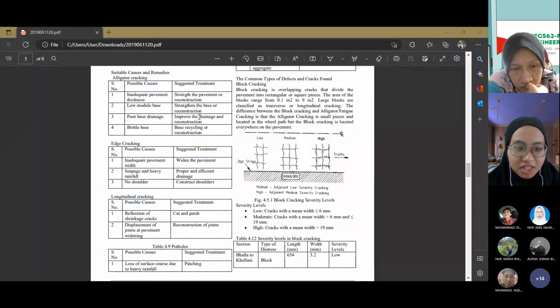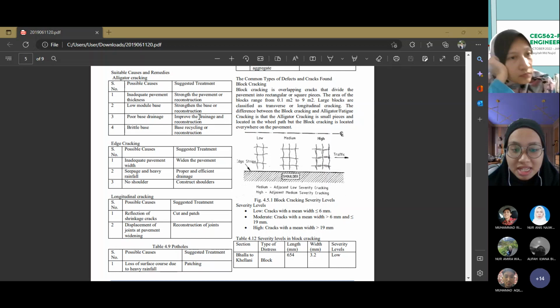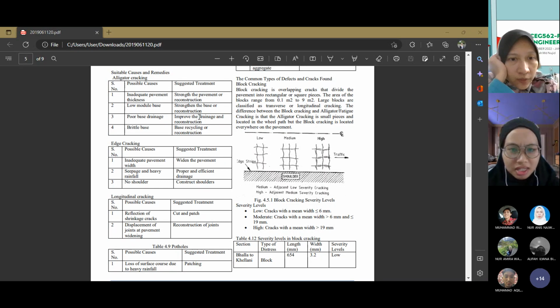So next is the longitudinal cracking. The possible causes are reflection of shrinkage cracks, and the second one is the displacement of joints at pavement widening. And next is the potholes.